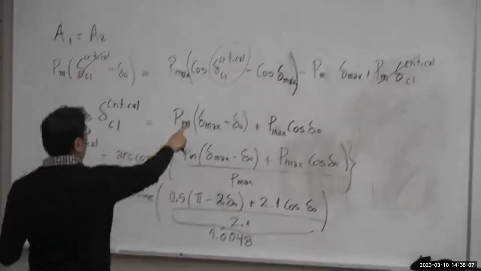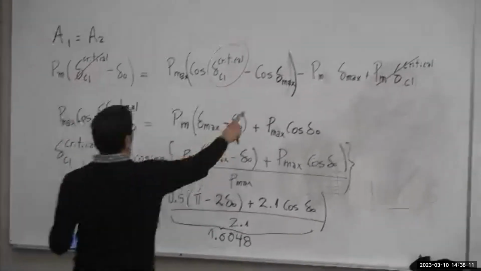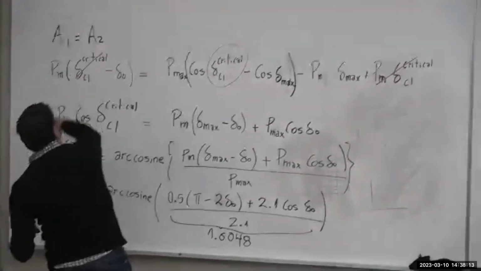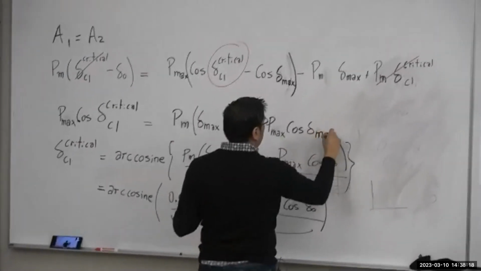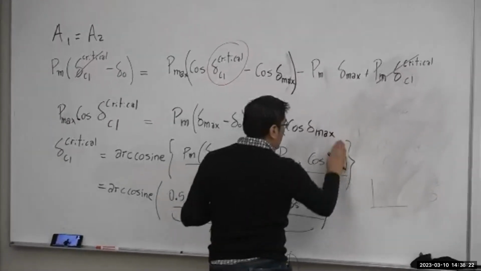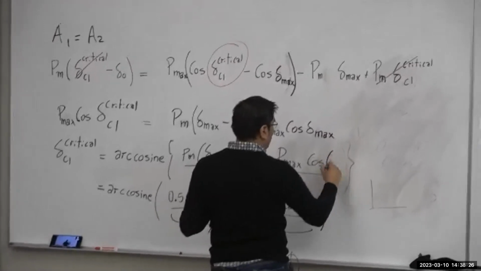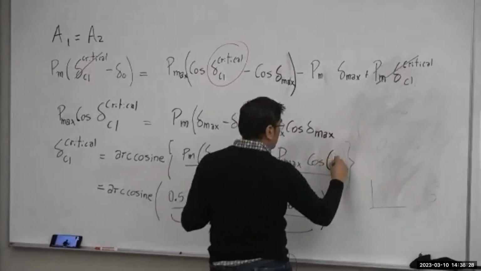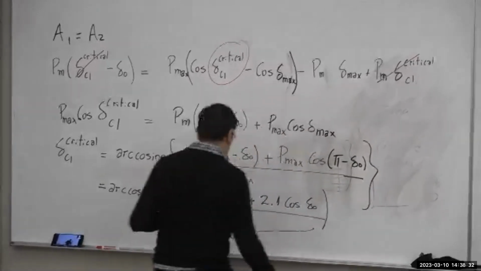So that was the problem right here. So when we send these to the other side, then this is not delta 0. This is a maximum angle. And therefore, this is maximum angle. And the maximum angle is at the saddle node, pi minus delta 0. That's much better.